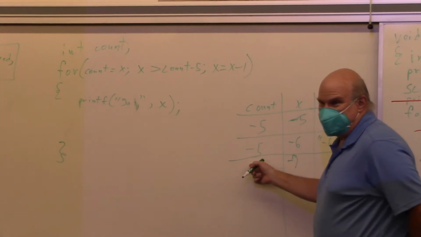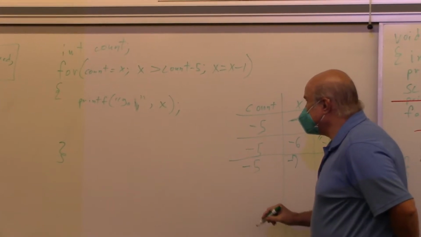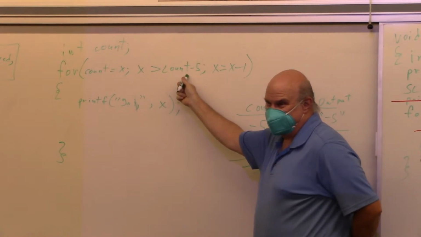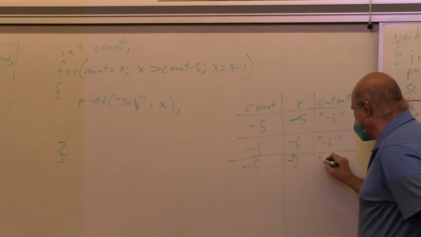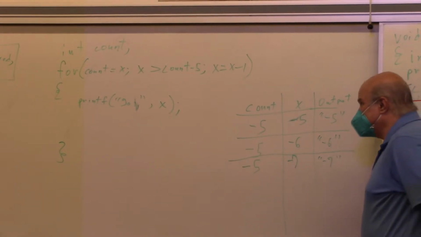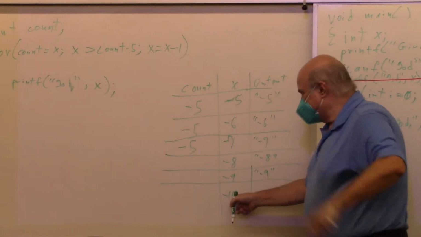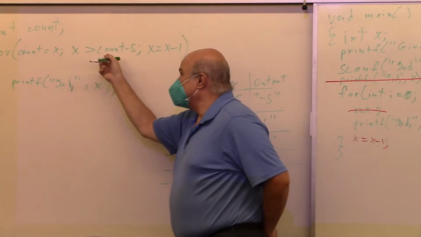Okay, what does count? -5 still. So, -7 is greater than -10? True. So you go to the loop, you output x, gets you -7. And so forth and so on until x becomes -10. -10 greater than -10?